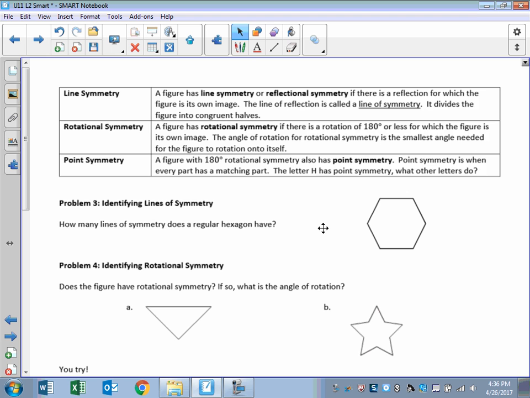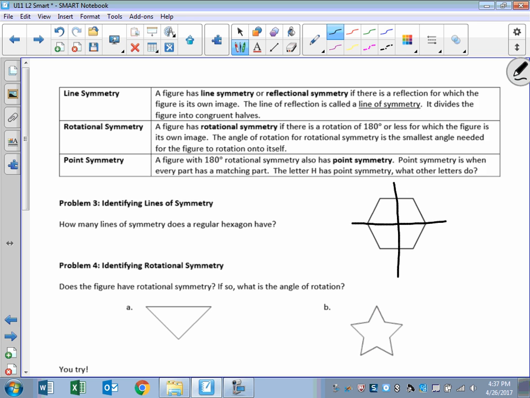So how many lines could we draw through this hexagon that cuts it equally? Okay, so we got obviously this and this way, because if we folded it in half, it would line up perfectly. And we also have through the vertices on the corners.